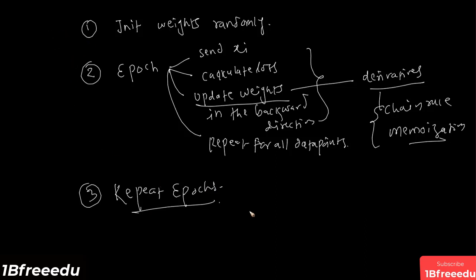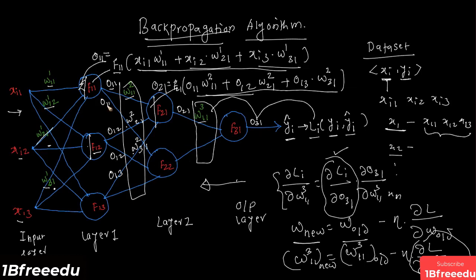Okay. Now the important point to note is that these activation functions, which are there in the neurons, must be easily differentiable, right? Why? Because we are calculating derivatives, like the derivative of O31 with respect to W31.